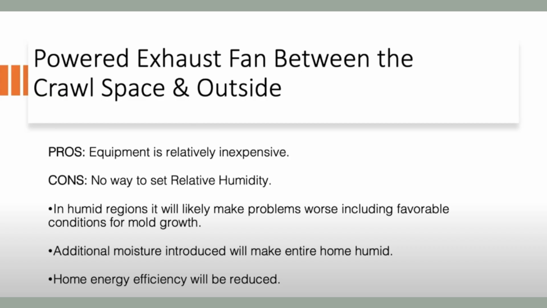Powered exhaust fan between the crawl space and the outside. What we're trying to do is control the air below the house using a powered exhaust fan. These typically run off of some sort of sensor that identifies when the RH in the crawl space has gotten too high. It will then exhaust air out and bring in new air through another vent.